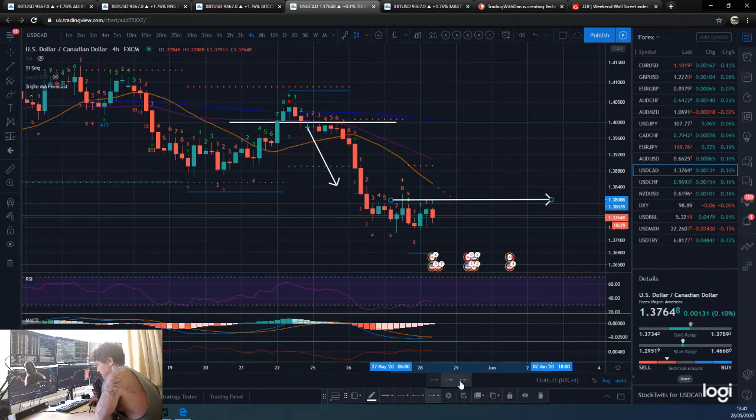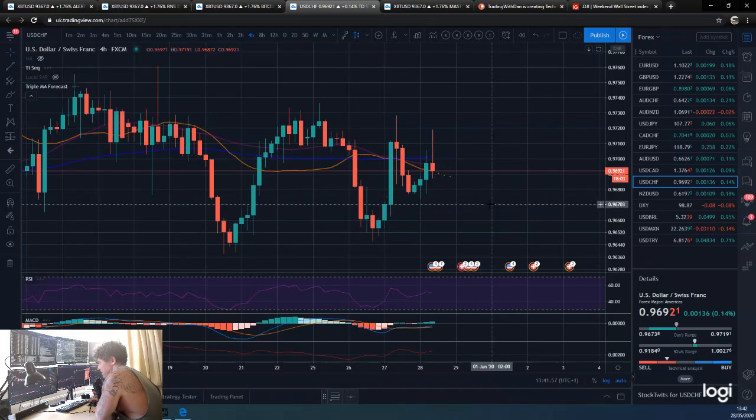Get rid of that end, and then, if we do break this level, these moving averages are coming down pretty strongly, and we're in a bearish move. So I think the 50 period is appropriate, possibly coming in around there. So we will leave that on there and see how that goes.